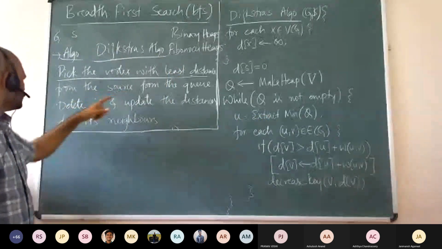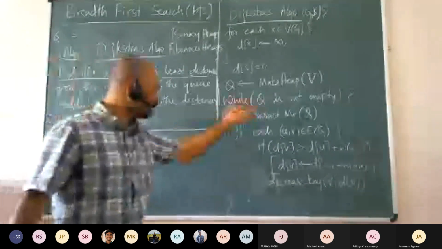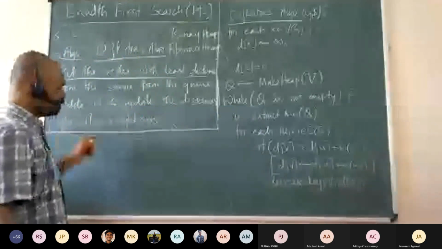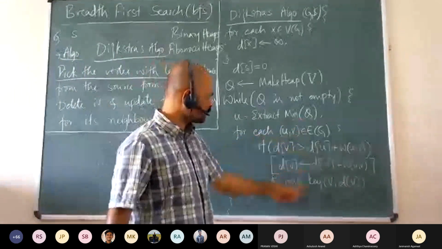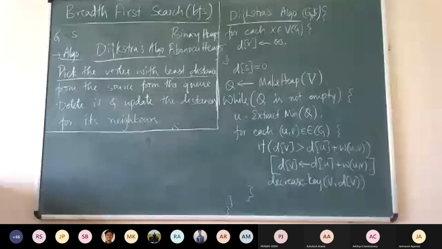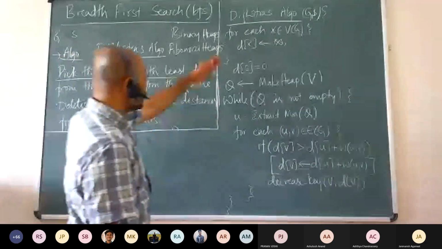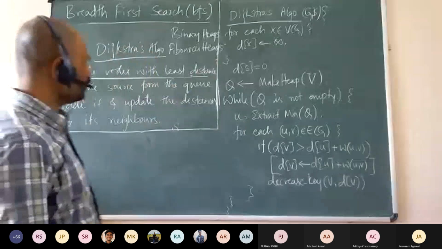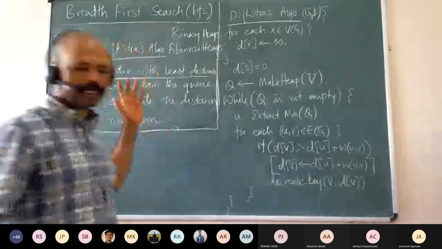Then delete it: when we are extracting it, we are deleting it from the queue, and update the distance for its neighbors if it is better. So we are doing exactly what we thought of doing. This is the pseudo code for Dijkstra's algorithm, whatever we have written here.